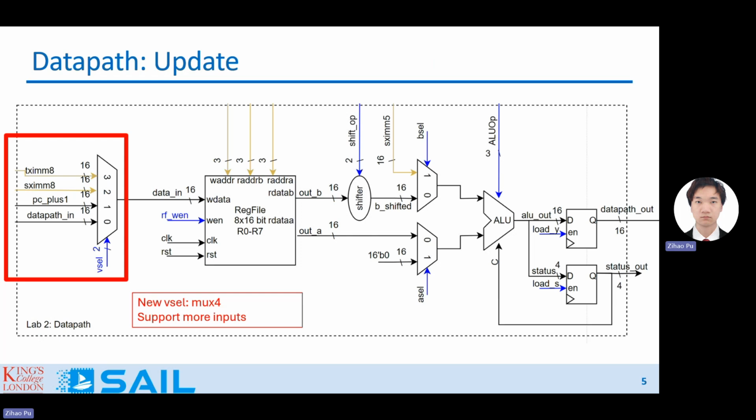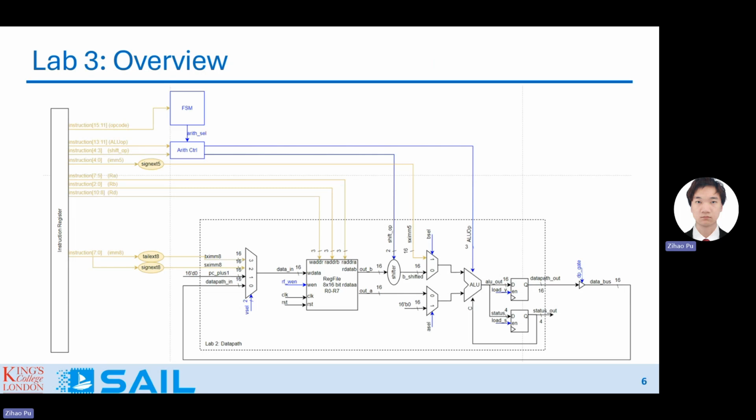Now we have 4 inputs: XIMM8, TXIMM8, PC plus 1, which we will not cover in lab 3, and we still have the data path in. In order to deal with 4 inputs, we need to make the V cell a 2-bit selector signal.